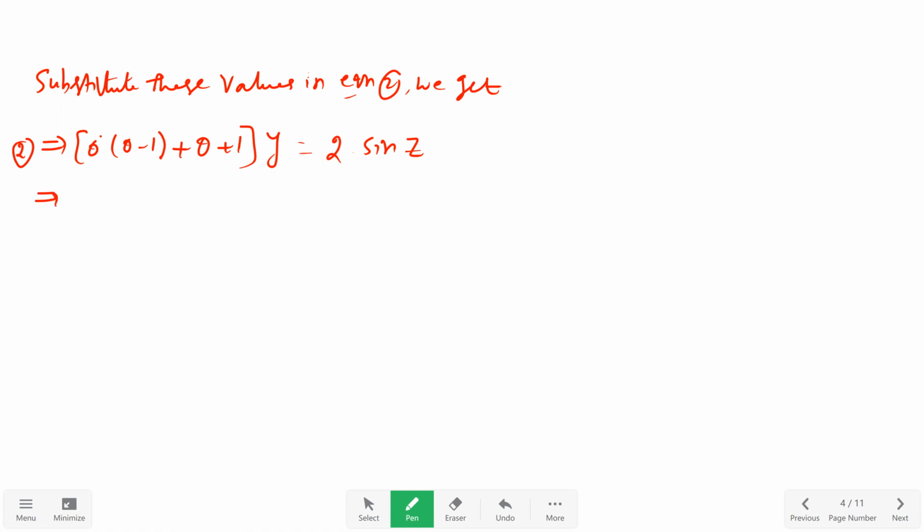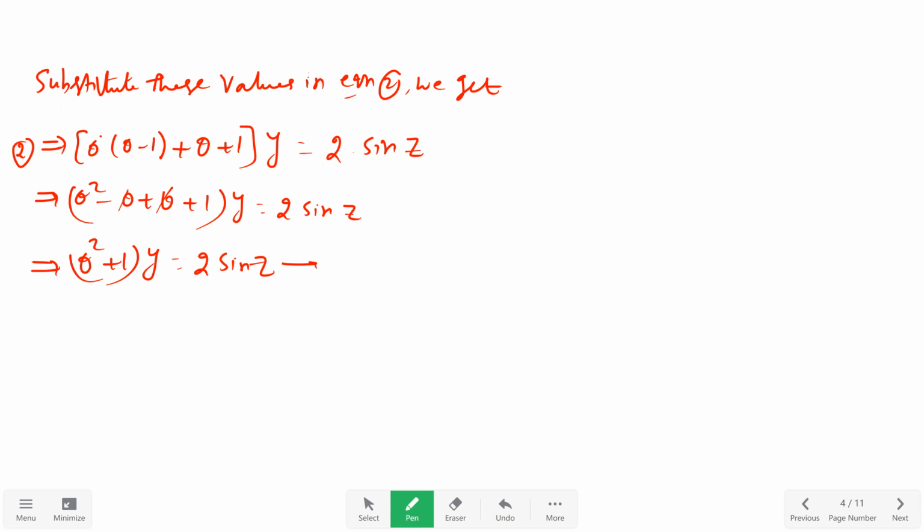So that implies (θ² − θ + θ + 1)y = 2 sin z. So on the left side, minus θ plus θ cancel. So that implies θ² + 1 into y is equal to 2 sin z. This is equation 3.